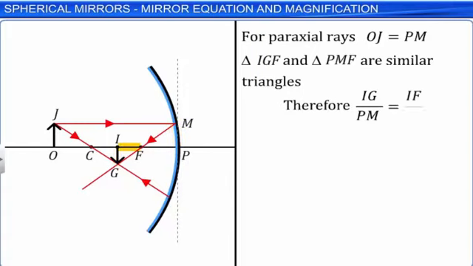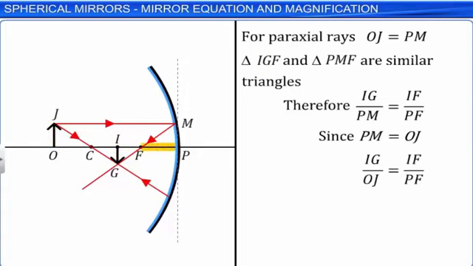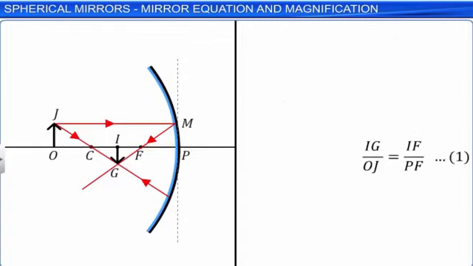Since PM is equal to OJ, this can also be written as IG by OJ is equal to IF by PF. Let this be equation 1. Now, observe the two triangles OJC and IGC.